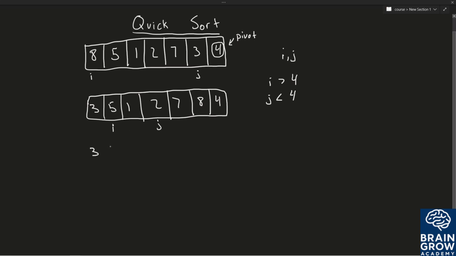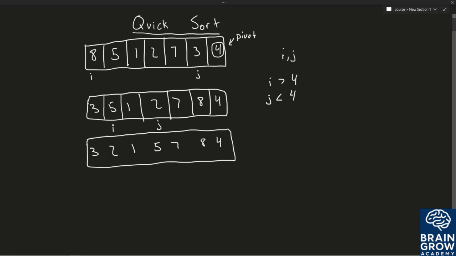So our new array is 3, 2, 1, 5, 7, 8, and 4. So our j value is now where the 5 is. And now we're going to increment i by 1. Well, is i greater than 4? No. So now we will cross that out and increment it by 1.